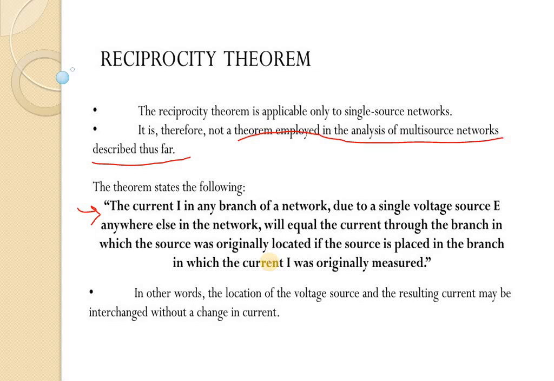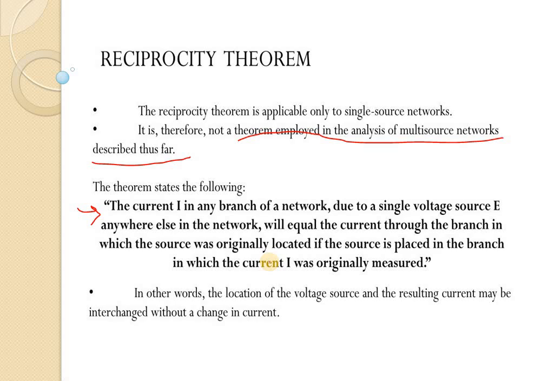As per the reciprocity theorem, if a single source is present in the network and we want to measure the current through a particular branch, suppose we get 5 ampere in that branch.